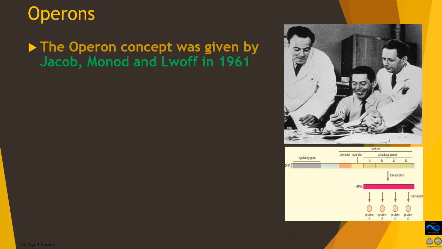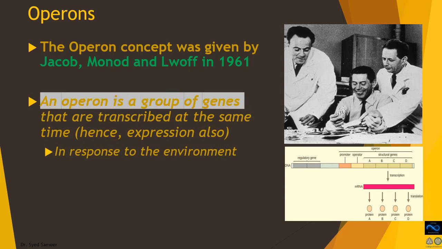It was called the operon concept. What is an operon? It is a group of genes which are transcribed together at the same time. An operon is a polycistronic gene which produces a number of different enzymes or proteins during its expression.